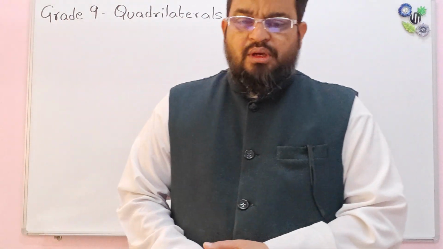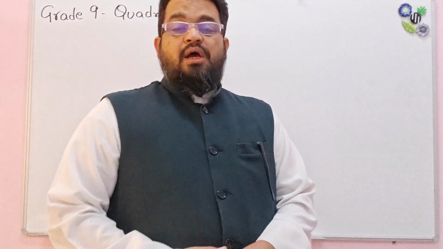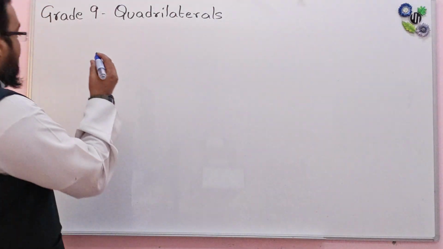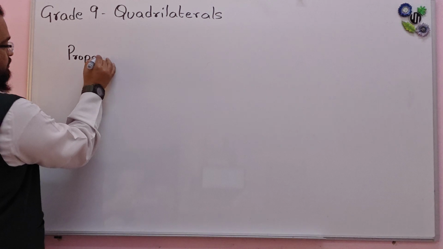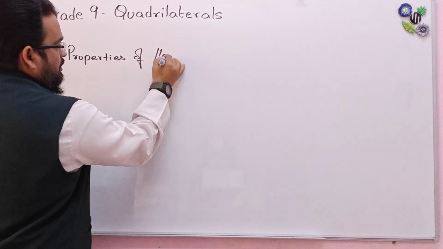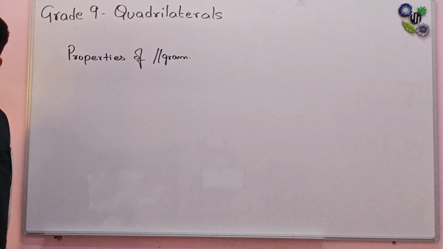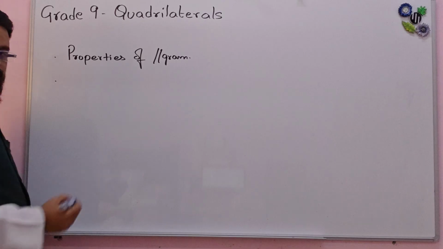Is it right? So now, before going to the theorems, let me explain to you, my dear students. In this video, we are going to learn about the first one, properties of parallelogram, all the properties of parallelogram. And the second one is what we are going to see in this properties.